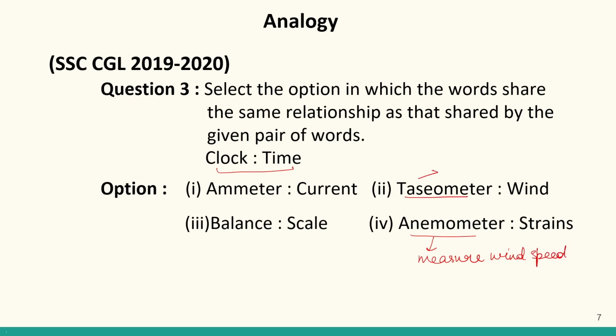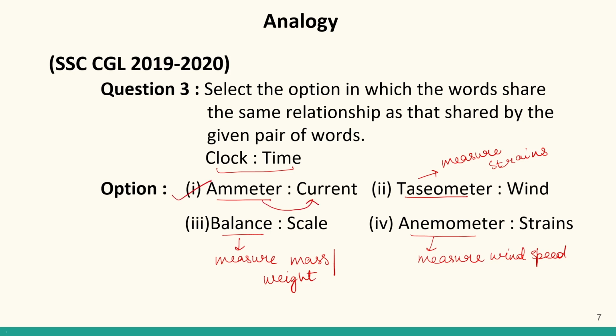Similarly, piezometer is an instrument which can measure strains, and balance is an instrument which can measure mass, or you can also say weight, right? Ammeter is an instrument which can measure current.